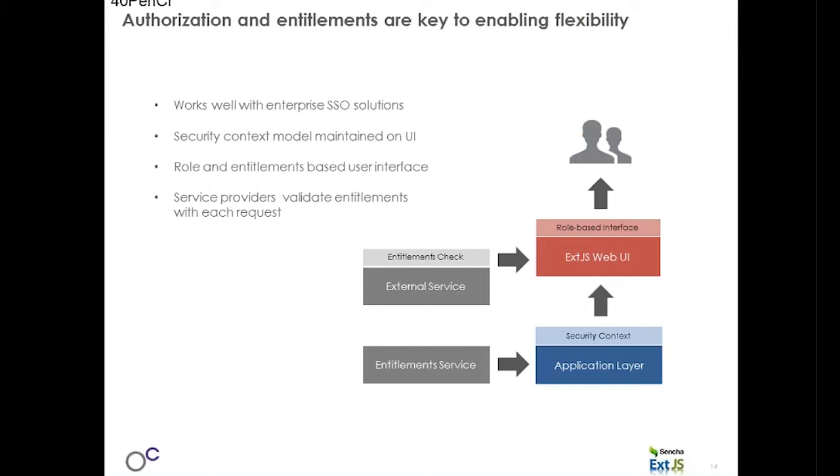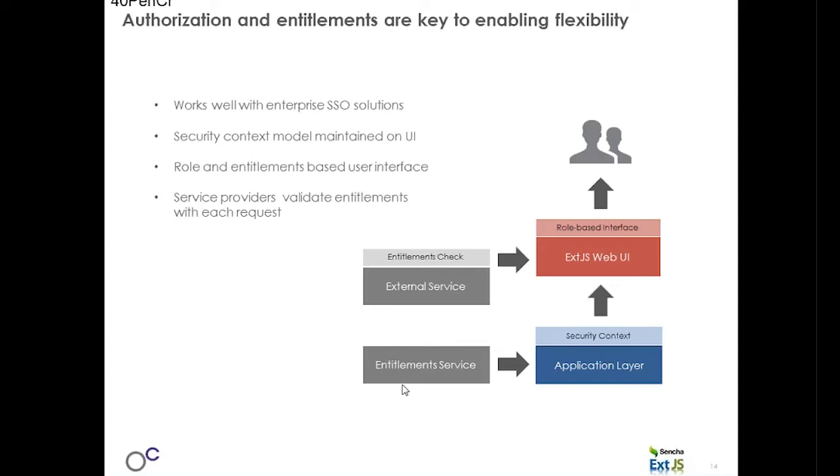Most enterprise applications have shared entitlement services, and we typically access these from the application tier, which in turn injects the security context into the ExtJS application on initial load. So typically we have a security model, or an authorization entitlements model, which is populated by the application layer, and when the ExtJS application, the web UI, loads, that context is injected.